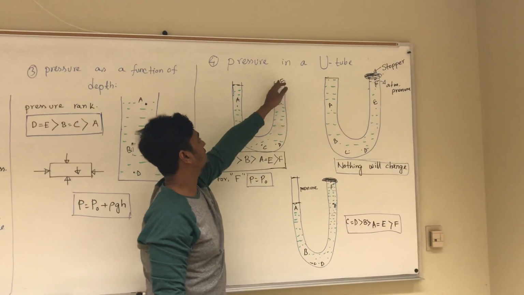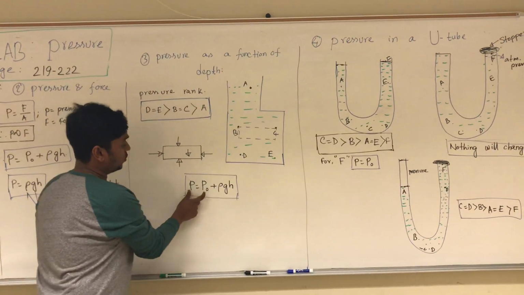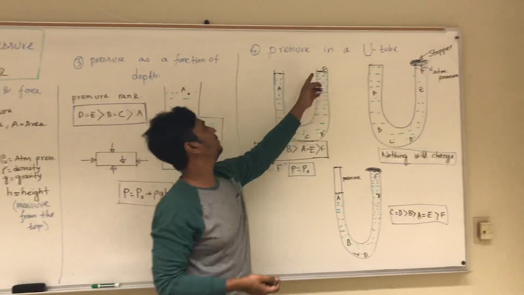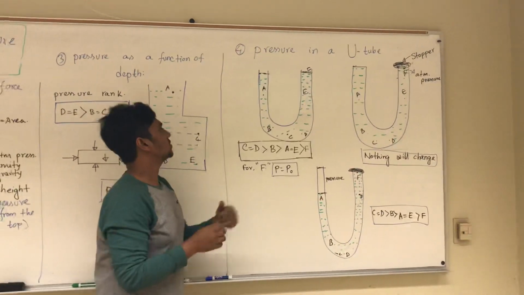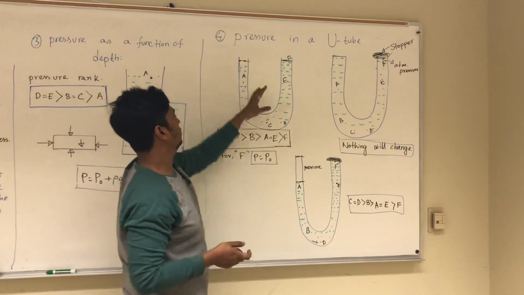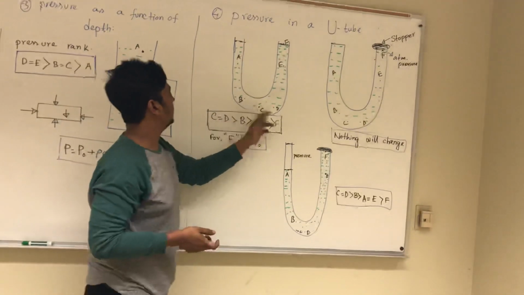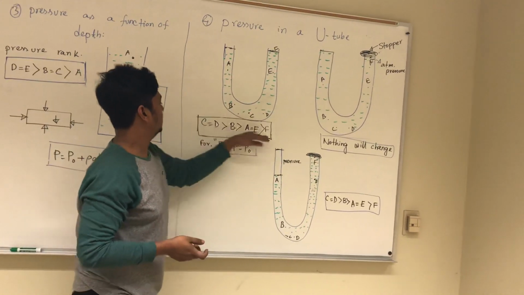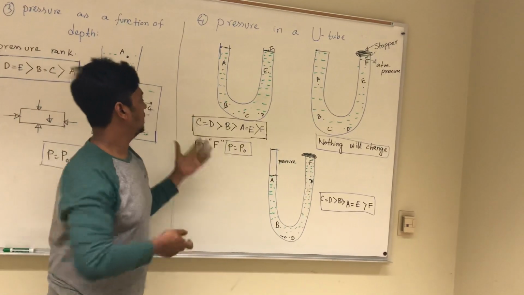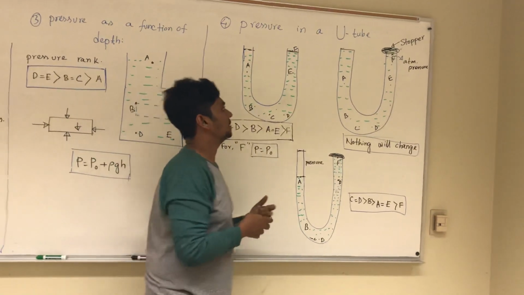So here H is 0. If H is 0, that means the total pressure will be P naught, the atmospheric pressure. So F will have the atmospheric pressure, and A and E are at the same height, so the pressure will be the same, and the same for C and D. So the rank of the pressure is like this. And for F, as I said, there is no height, so the total pressure will be equal to the atmospheric pressure.